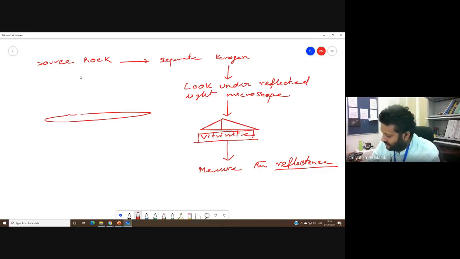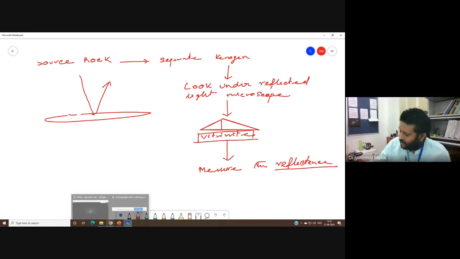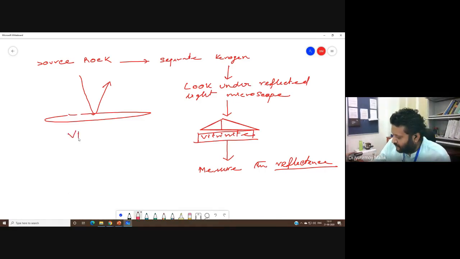We put some light in, some intensity of light, and then some intensity of the light actually comes out, and you can calculate the reflectance of the vitrinite. And that is what we call VRO, or vitrinite reflectance index.